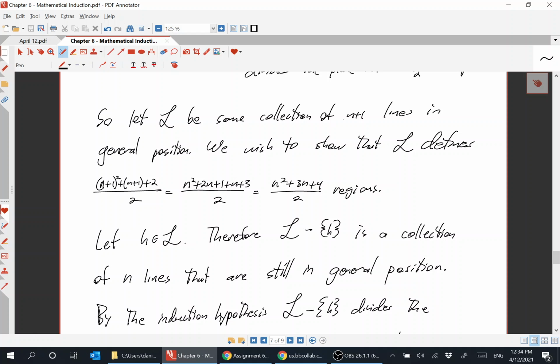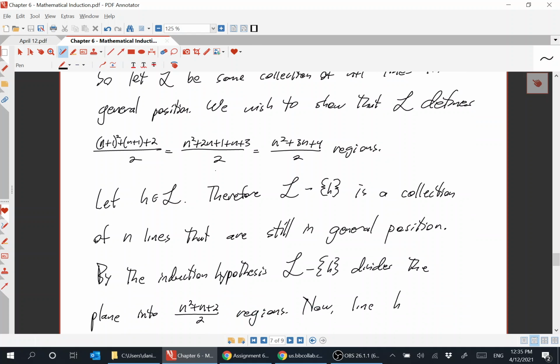So let L be some collection of n plus 1 lines. Take away one of them, that's H. So you've got n lines left, and they're still in general position. General position is not an existence type statement. It's a universal type statement.